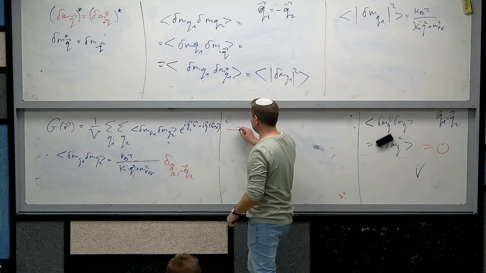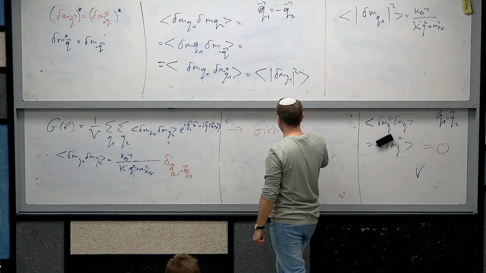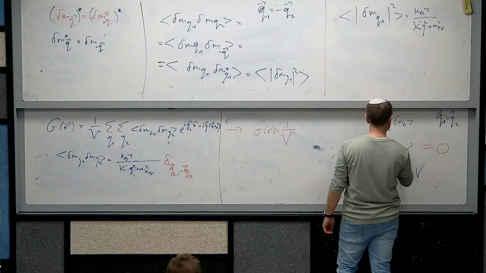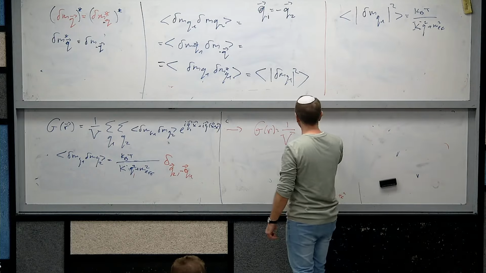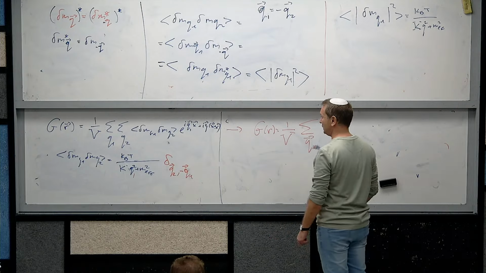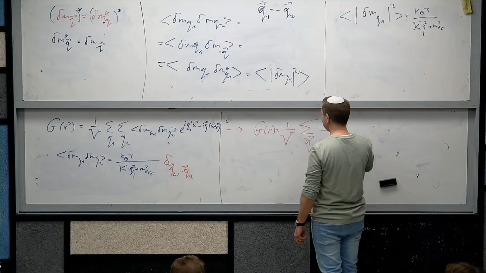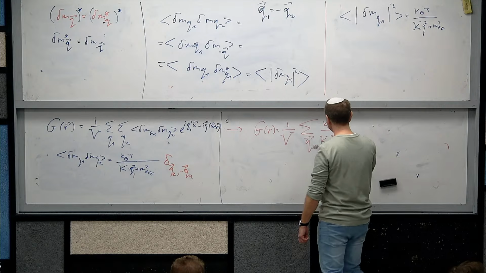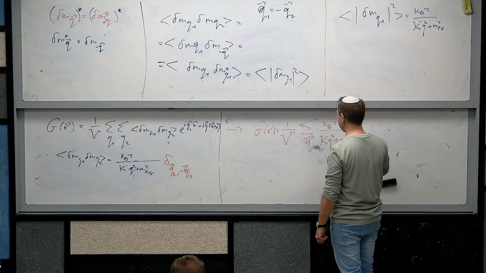And out of this, we obtain that G of R equals 1 over V, a sum over Q1, k Boltzmann T divided by k Q squared plus M effective squared.